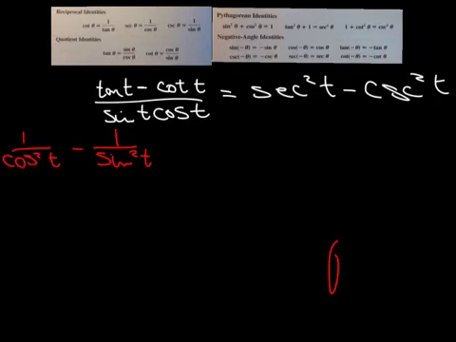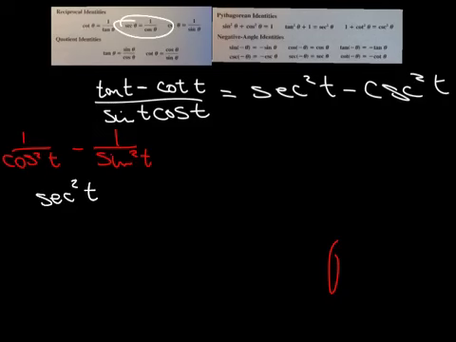So what I'm saying here is that this is equal to this. Alright, so now let's see if we can compare this with this and be done with it. What do we know about 1 over cosine squared of t? It equals the secant squared.